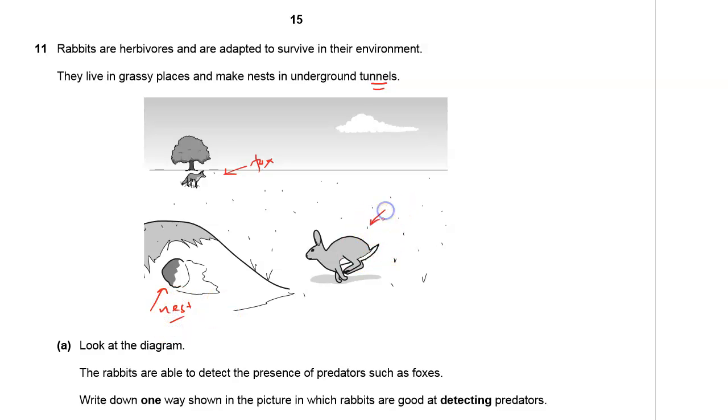This is the rabbit. Okay. Look at the diagram. The rabbits are able to detect the presence of predators such as foxes. Write down one way shown in the picture in which rabbits are good at detecting predators.